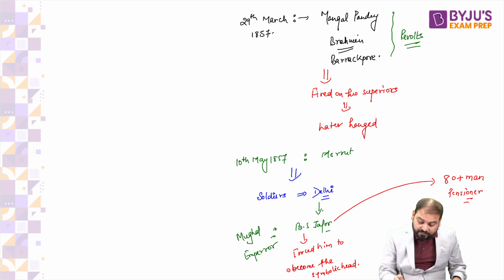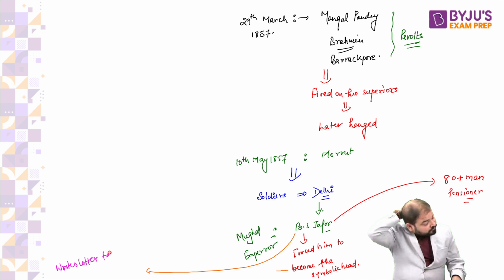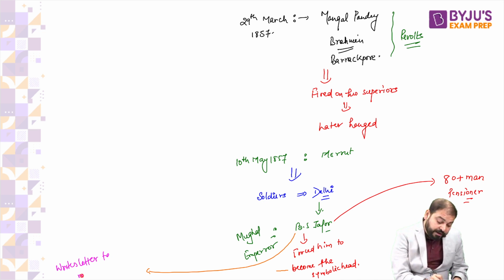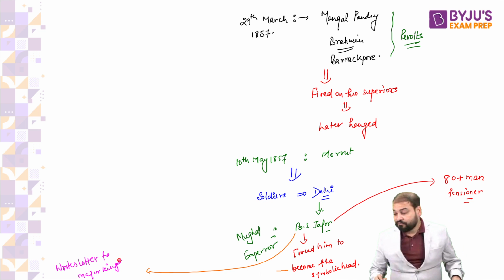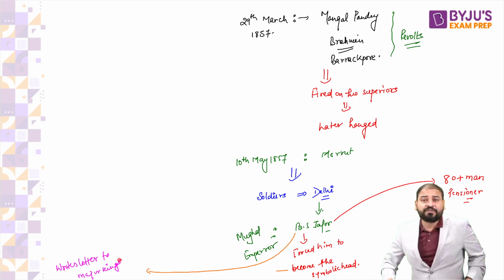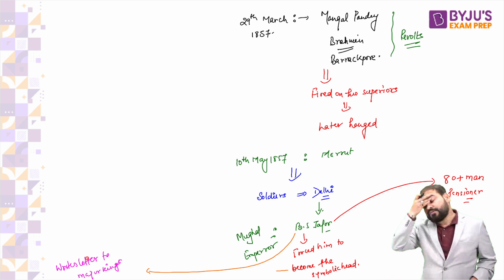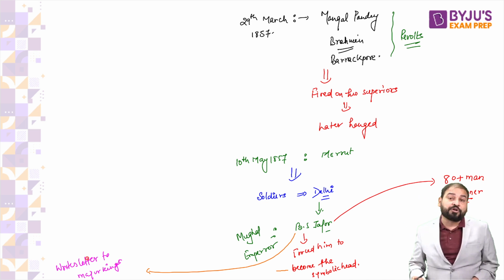Now, once Bahadur Shah is made the king, he writes letters to major kings, asking everyone that, see, we have started a revolt against the Britishers. Join us. Many people suggest this was his biggest contribution in this revolt.